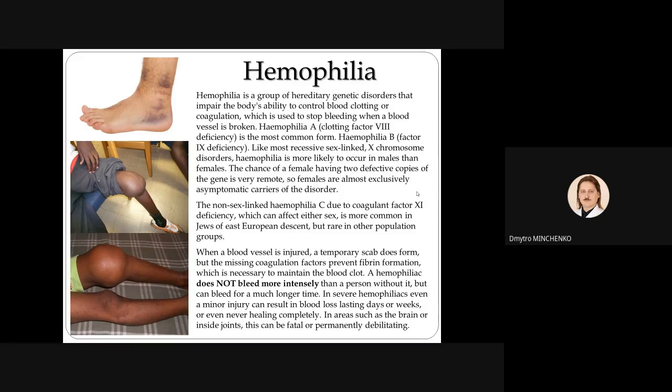Hemophilia A and B are considered sex-linked, which means they are linked to the X chromosome. It is a recessive gene, which means that both X chromosomes have to contain the recessive gene for hemophilia in order for a girl to be sick.